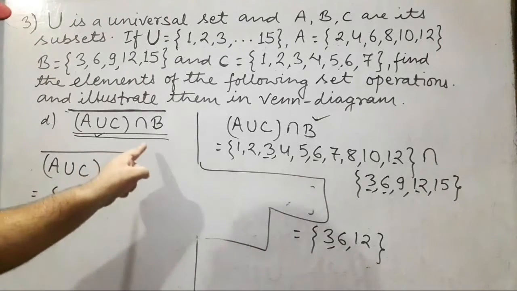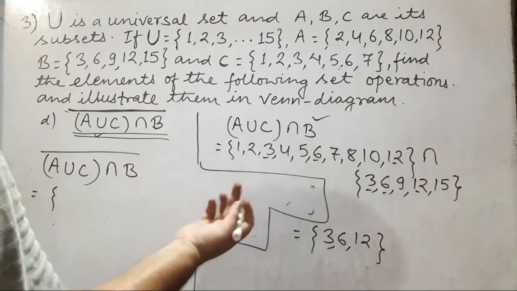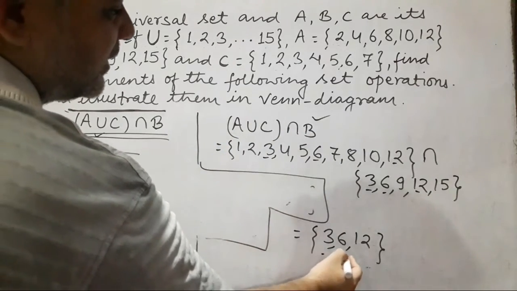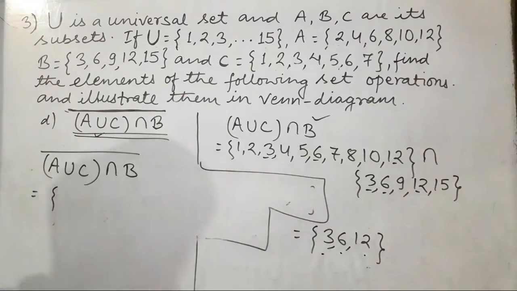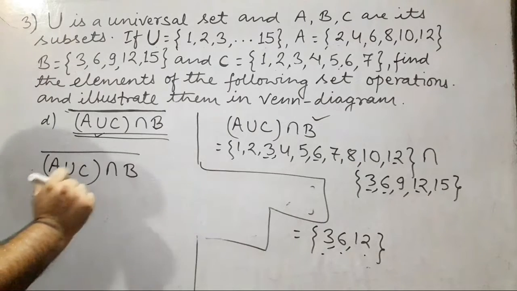Now complement refers to the set containing the elements which are not in this part, that means except 3, 6 and 12. We shall write down the elements selecting from the universal set. Okay, we shall not take the element 3.